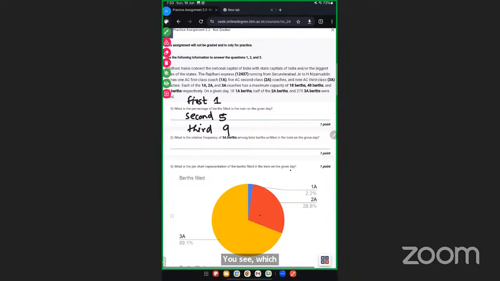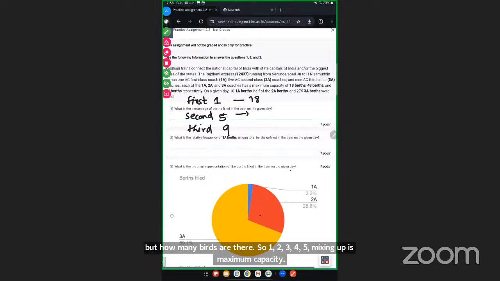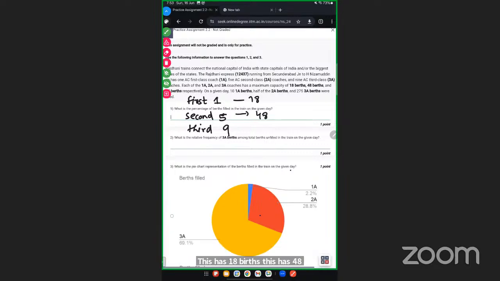They are saying the maximum capacity of berths: the first has 18 berths, the second has 48 berths, and the third has 64 berths.